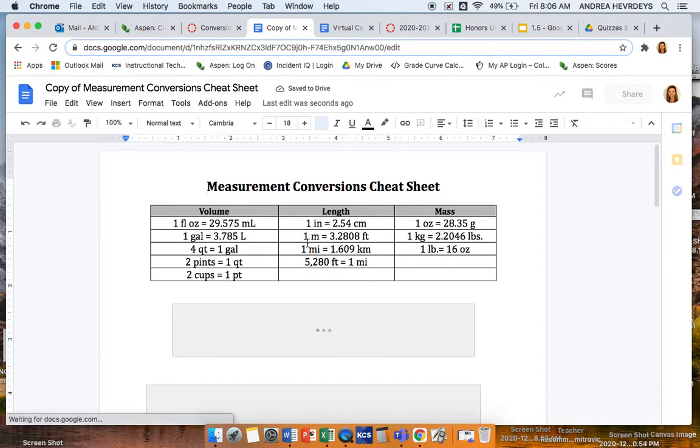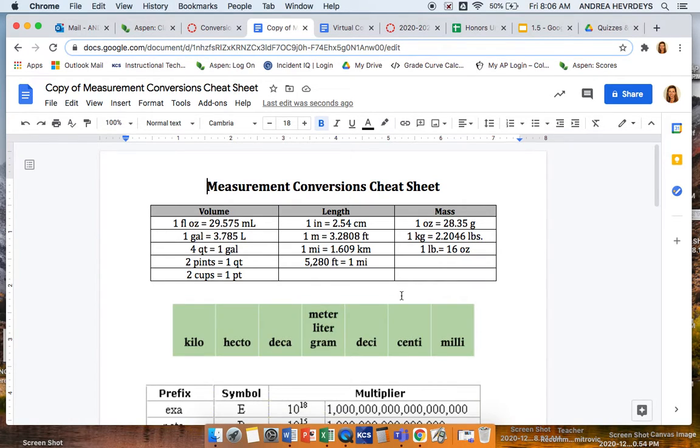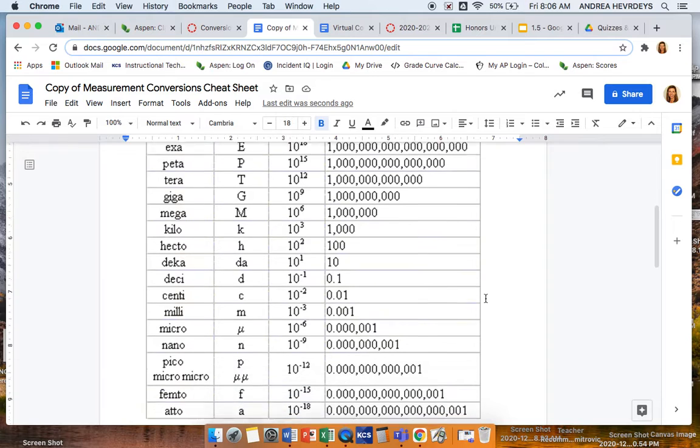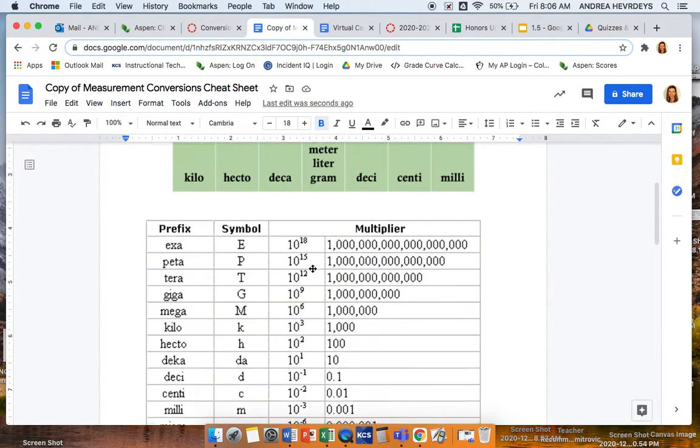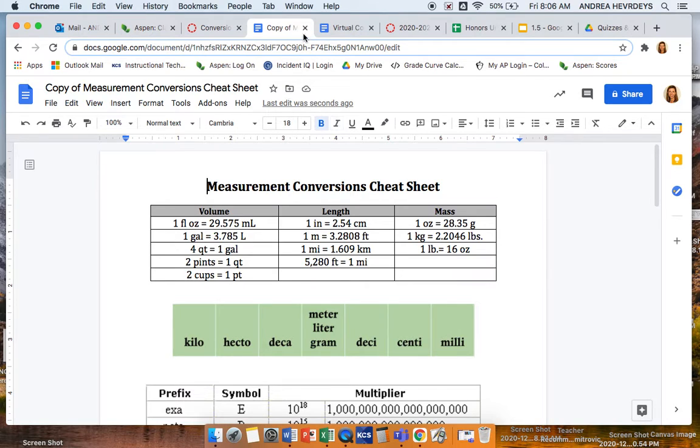But this gives you those same conversion factors with a few others. I only put the ones that you needed for the conversions in that one. This one just gives you some other ones. And then it also gives you another place to have those factors. Okay, so that is provided to you as well.